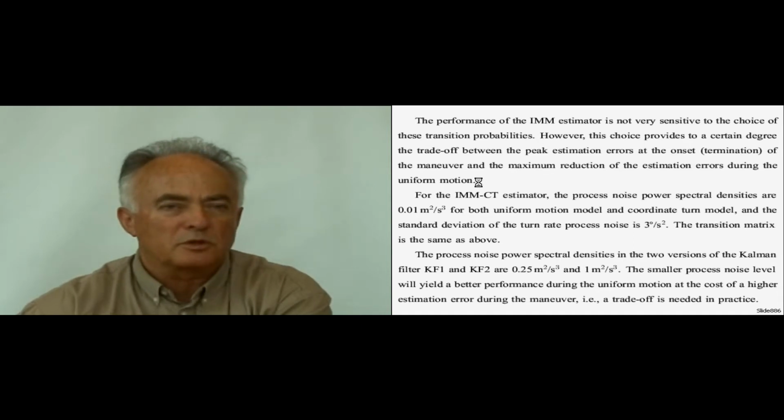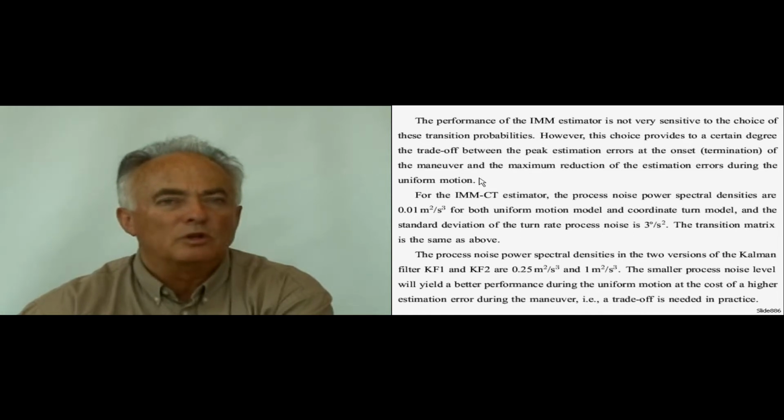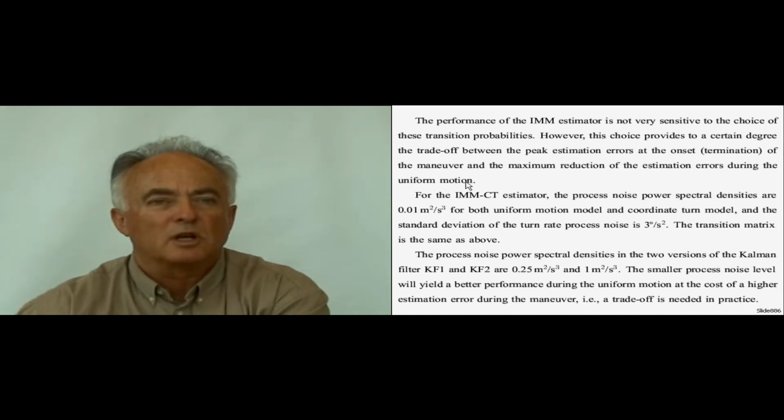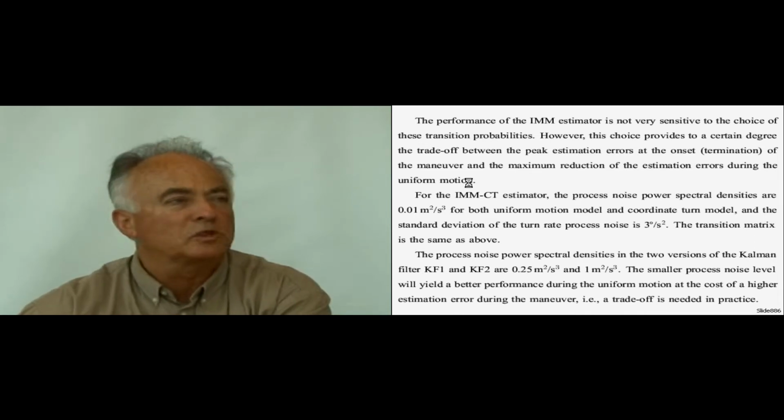Uniform motion, we want as much noise reduction as possible. During maneuvers, we want to keep it just below the raw measurement noise values, root mean square values, because it is extremely hard, if not impossible, to obtain any reduction during the onset of the maneuvers.